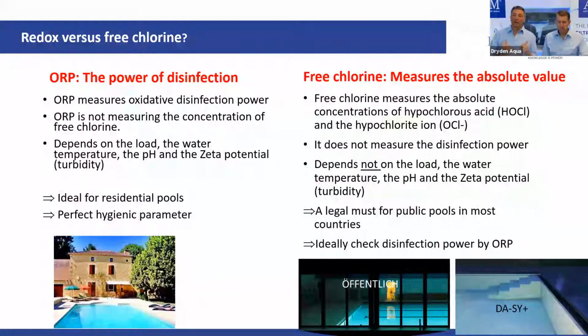Then the water temperature goes up, maybe the pH goes a little bit up, and 4 weeks later you check again, you still have 700 millivolts of ORP. Maybe your free chlorine is then 0.6, 0.7 or 1.0, which is okay, because then you need a higher amount of oxidants to have this 700 millivolts of redox potential.